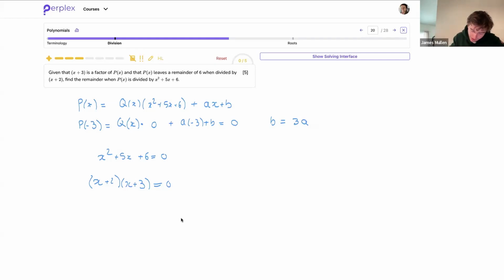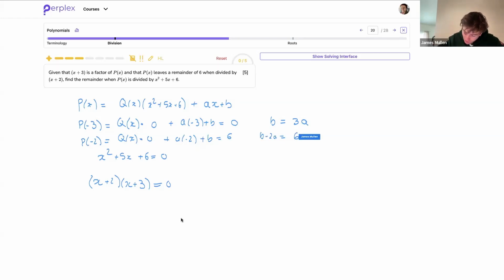Okay, now I use the fact that p of minus 2 is supposed to be equal to 6. That's the remainder. p of minus 2 is equal to q of x, again times 0, because negative 2 is a root of the quadratic. Then I'm going to have plus a times minus 2 plus b is equal to 6. So my second equation is b minus 2a is equal to 6.